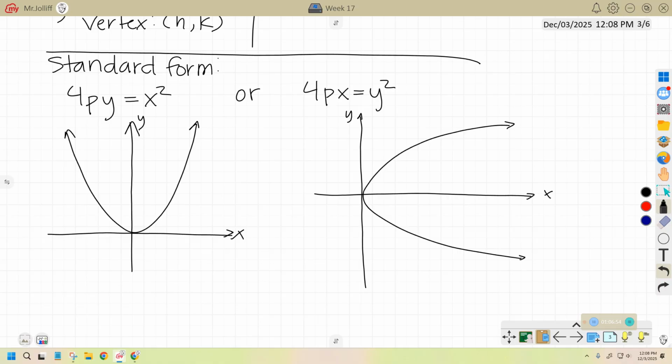There are two things that parabolas have that define its shape. The first, I'm going to do in red, and it's called a focus. And it sits just inside the parabola, above or to the side of the vertex.